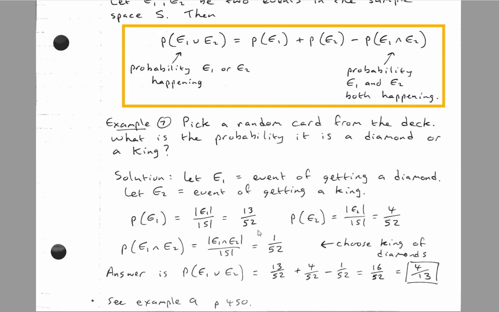We're just picking one card, so the sample space is 52 outcomes. How many ways to get a diamond? 13. There are 13 cards of each suit. So the probability of E1, getting a diamond, is 13 divided by 52. There are 4 kings, so the probability of getting a king is 4 divided by 52.